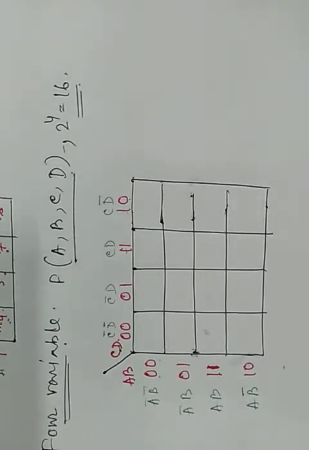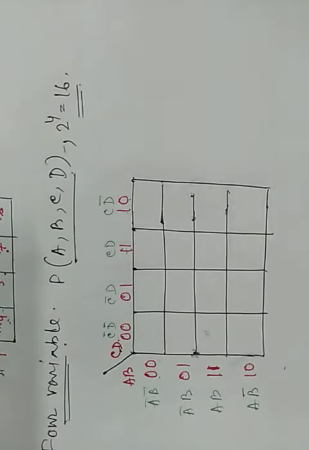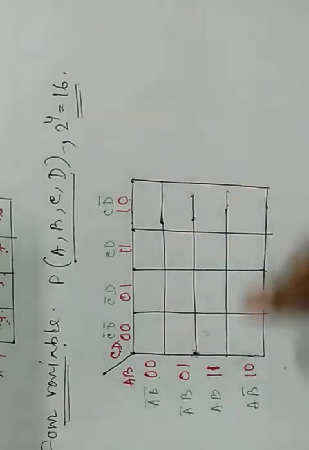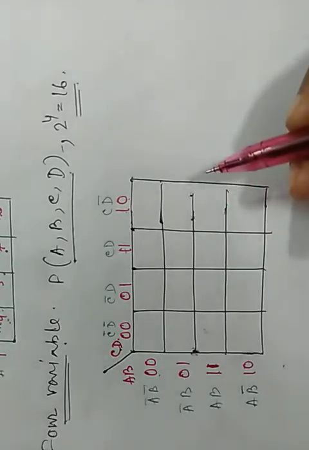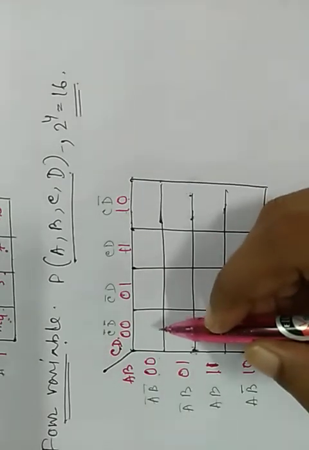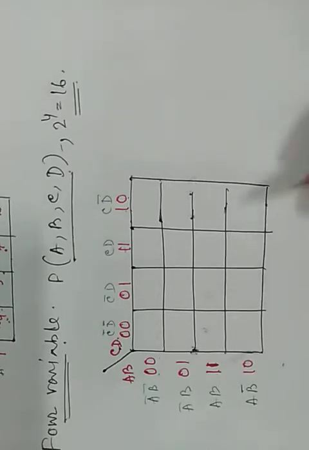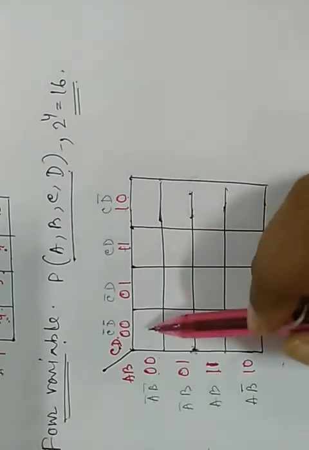Clear? Now I know that all of you don't know the truth table for 4 variables. You don't need to do it, only just remember this. You can simplify it easily, and normally 4 variables is not in your syllabus, but in case it comes, then you can do it easily.